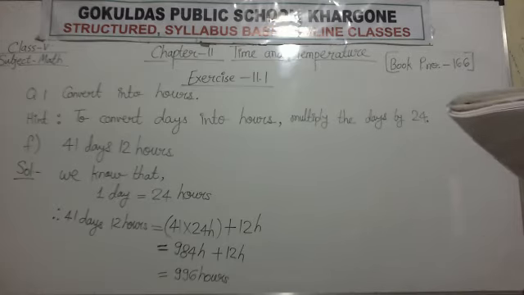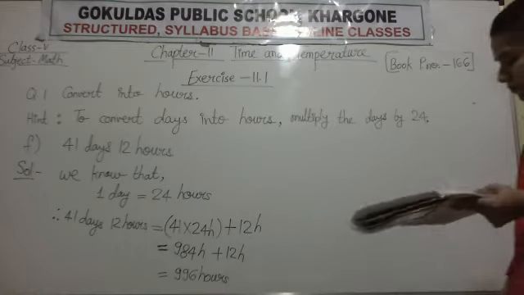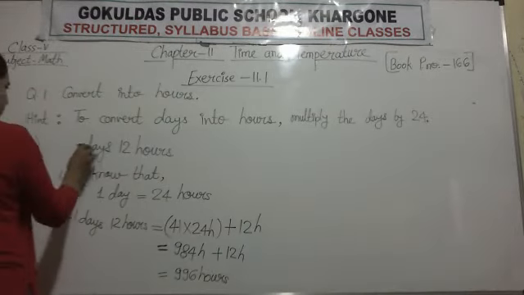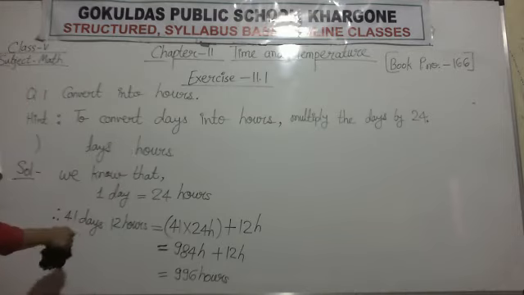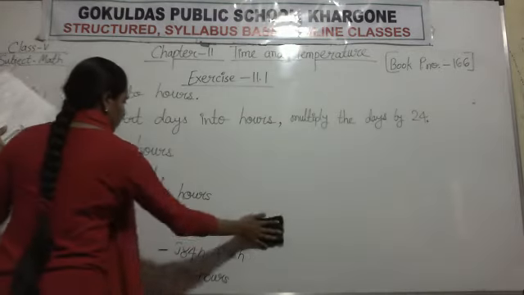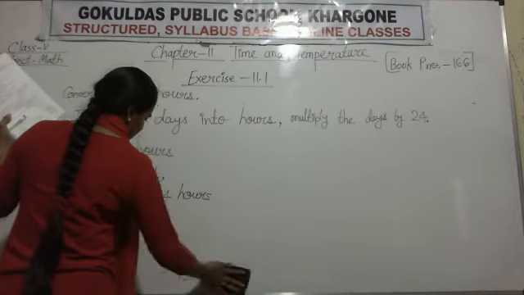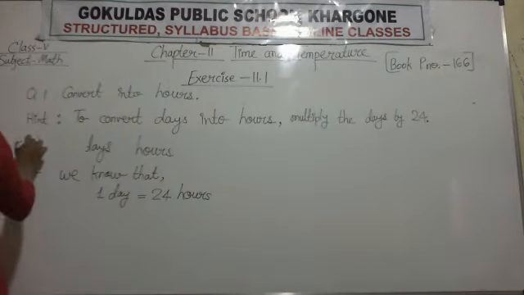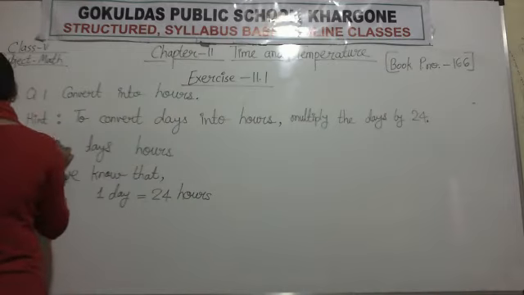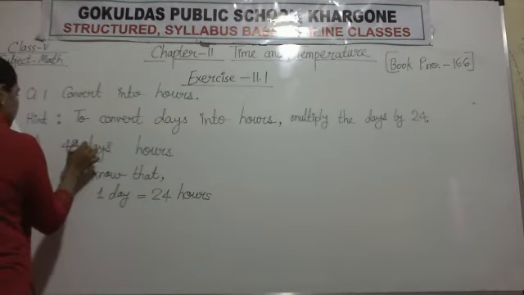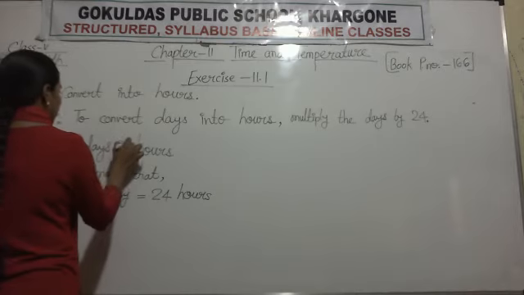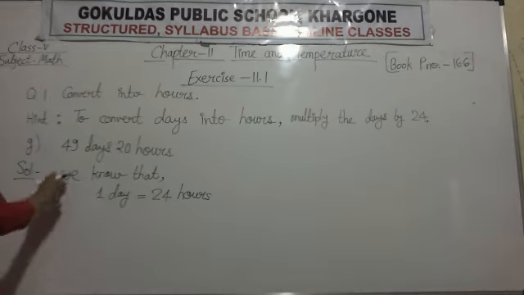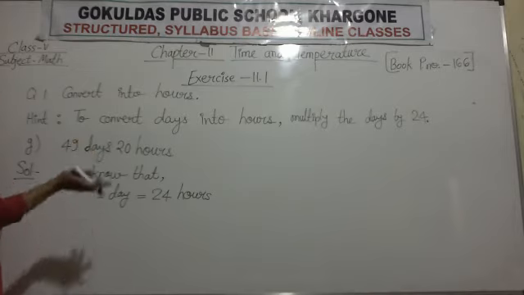Now next question, question number G. Question number G is 49 days, 20 hours. 49 days, 20 hours is given, and we want to convert it into hours.